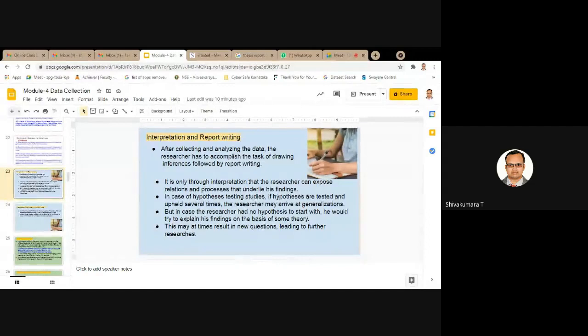Suppose you are a new researcher now, so the first time you are learning about the research process. You identified an area of your interest and you defined the problem statement. After defining the problem statement, you gave some hypothesis and chose some data collection method. After doing all such things, suppose you are completing the research work today, and tomorrow, down the line, your junior is going to take up this course.